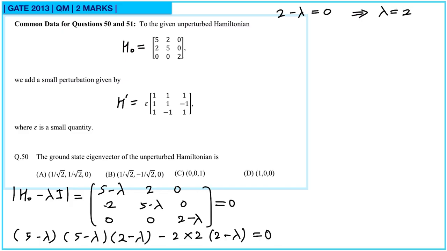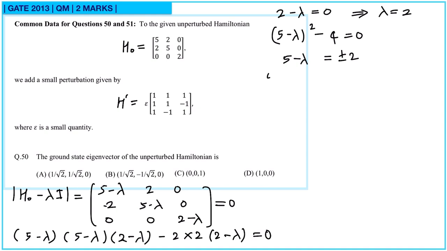That is one thing. If we take this 2 minus lambda common, then we have (5 minus lambda) square minus 2 into 2, which is 4. This will be equal to 0. That means (5 minus lambda) square is equal to 4, and that means 5 minus lambda is plus minus 2.